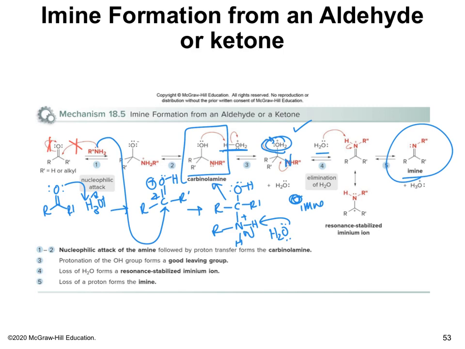Now, a primary amine is a primary amine because it only has one R group, and it forms an imine. You're going to see where secondary amines will form an enamine. So just a different functional group.